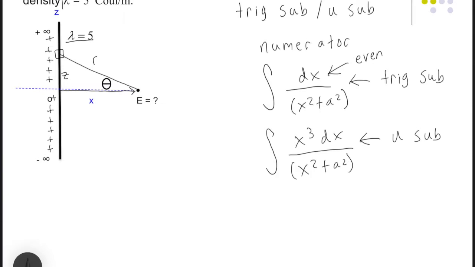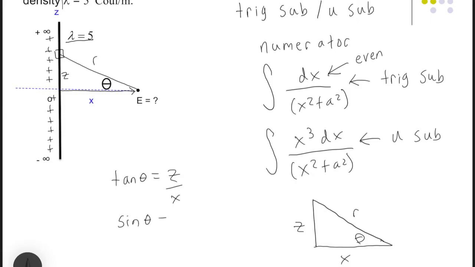So how do we use this to solve our problem? Well, by using trig sub, we can define our triangle, which we have done earlier here, where we have r, z, and x, with angle theta. So, for instance, tan theta here would equal z over x. Sine theta would equal z over r.